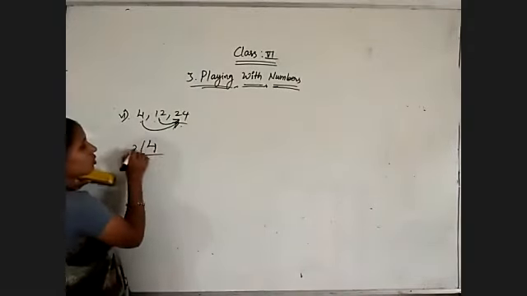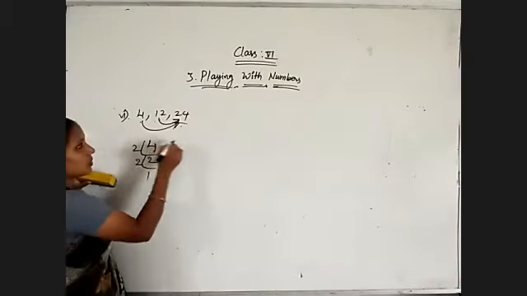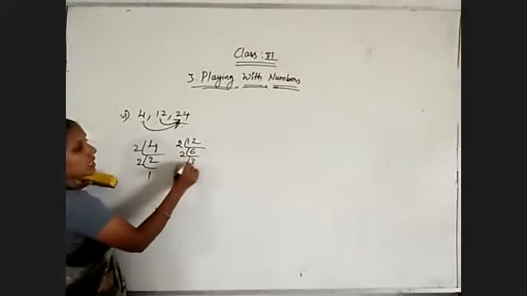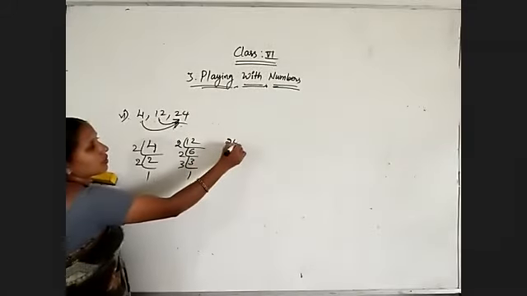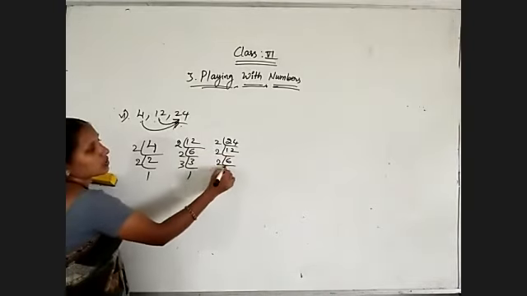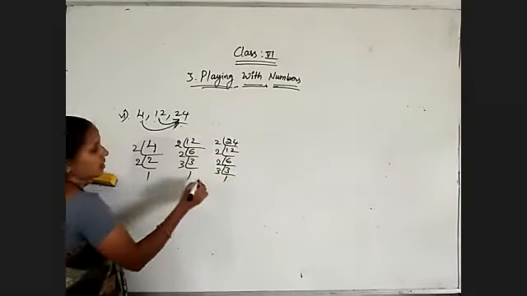4: 2 2s are 4, 2 1s are 2. 12: 2 6s are 12, 2 3s are 6, 3 1s are 3. 24: 2 12s are 24, 2 6s are 12, 2 3s are 6, 3 1s are 3. Now write the factors.